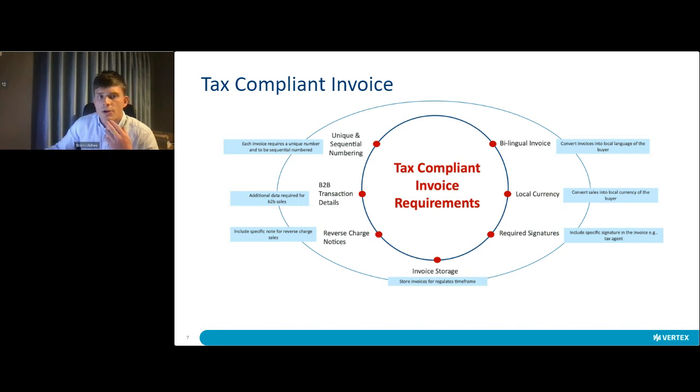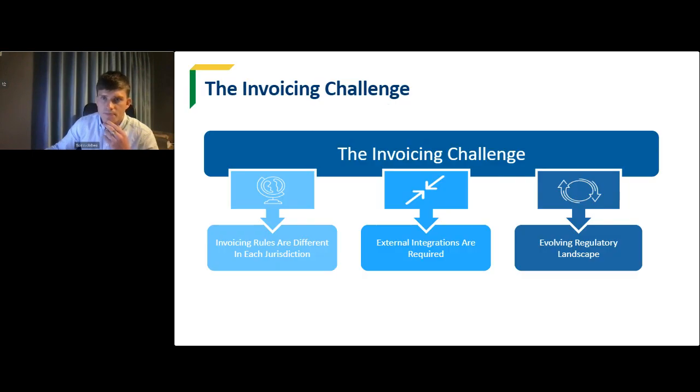Then there's reverse charge, a type of B2B transaction where the reverse charge mechanism has been utilized. There's a specific text that needs to be included in an invoice. That text varies across the region, but needs to be applied on all transactions where the reverse charge mechanism has been applied. So there's quite a lot of requirements and data that goes into an invoice for it to be compliant in the applicable region.